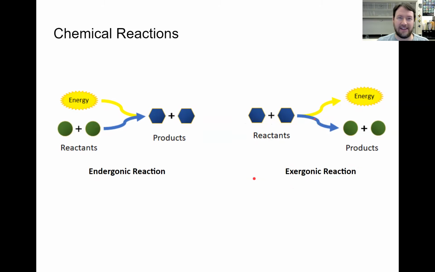Okay, thinking back to the burning of hydrogen, is that endergonic or exergonic? Yeah, that's going to be exergonic. That is one where energy comes out of the reaction.